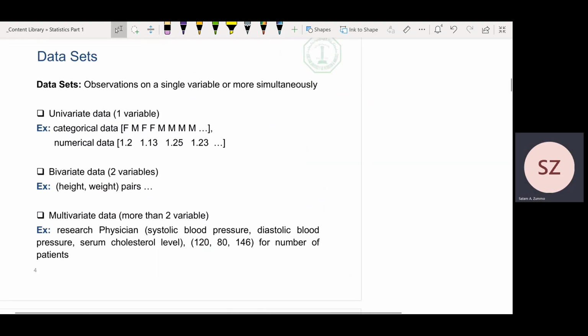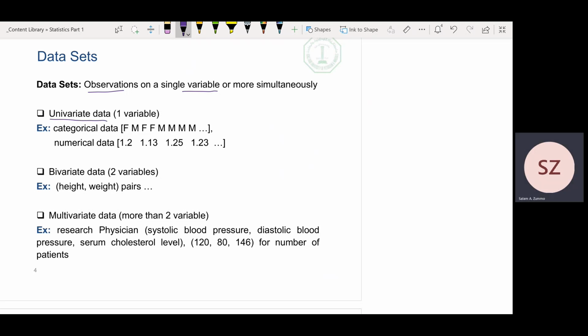So, data set: observations on a single variable or more simultaneously. Now we zoom into variables. A data set is a measurement of a sample. You can have univariate data.